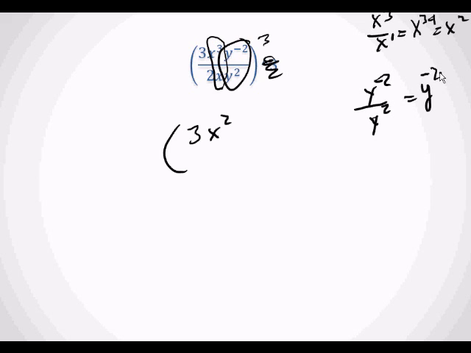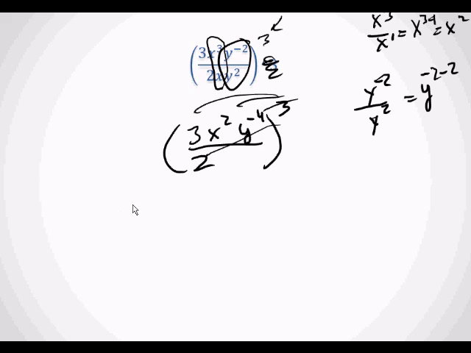Here, I have y to the negative 2 and y to the 2 power. You always subtract. The y stays the same when you subtract. It's the top number minus the bottom number. You see how the bottom number is a positive 2, but you have to minus the bottom number. So I end up with y to the negative 4. And then I still have a 2 on the bottom.